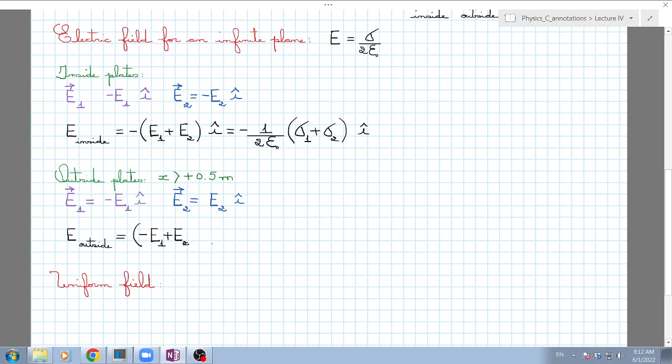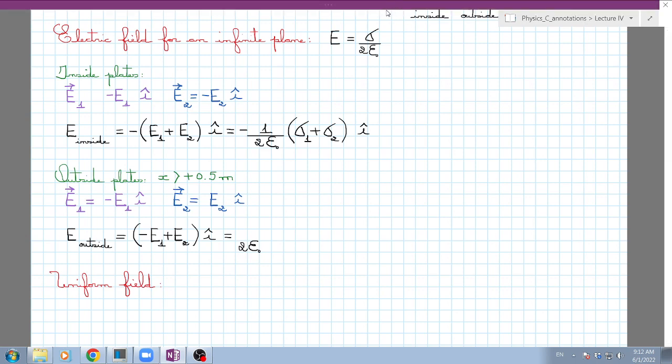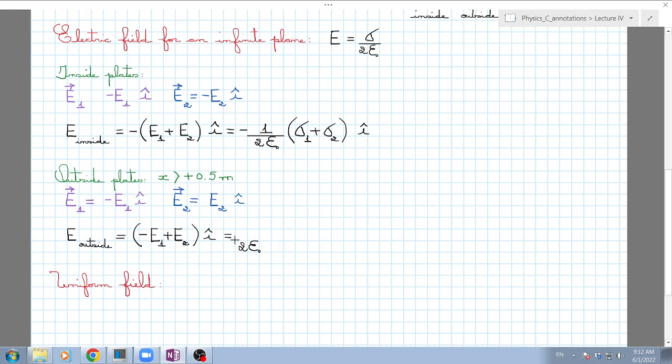If we substitute here, it is going to give us the difference in charge density, in the I direction.